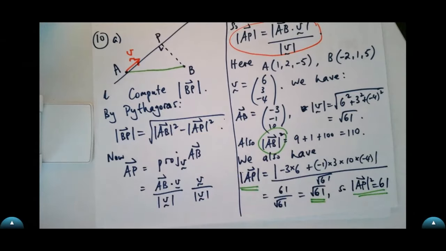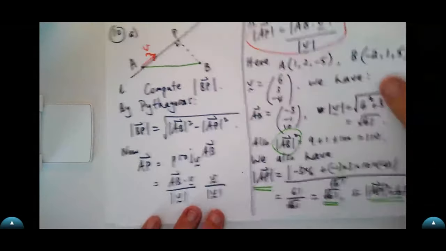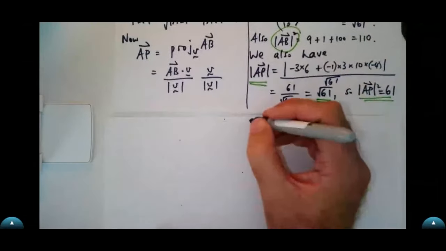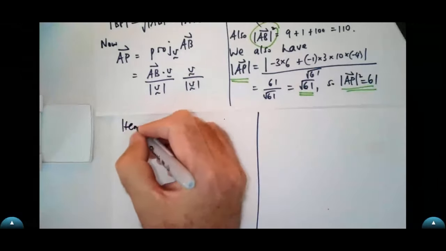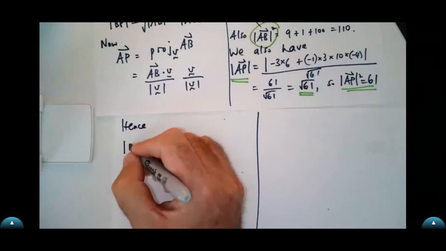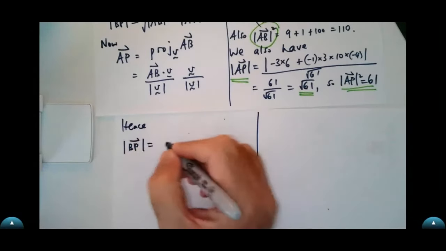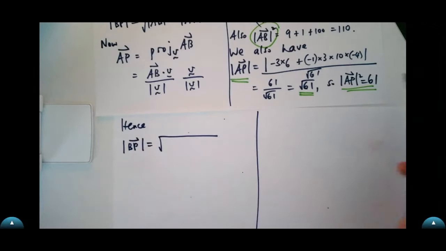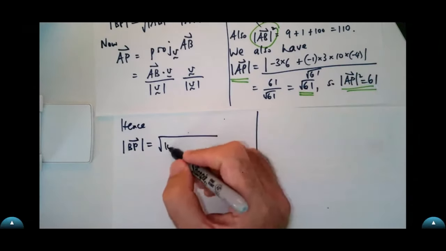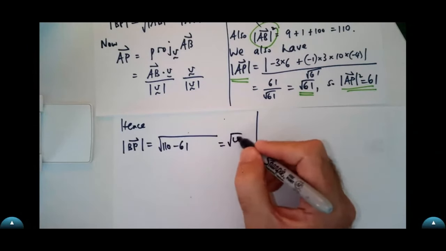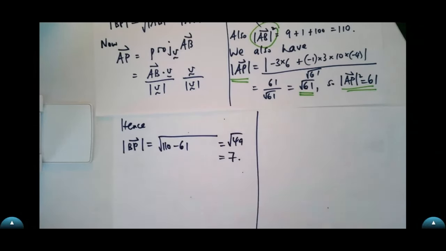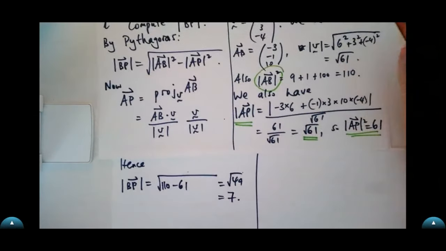You look at the difference, and you're going to get the square root of 49. So it's going to be 110 minus 61, and we get 7.